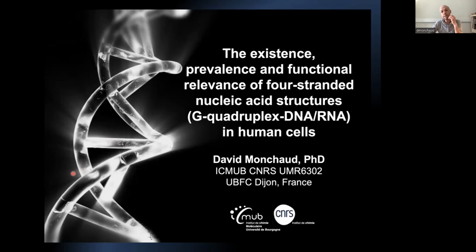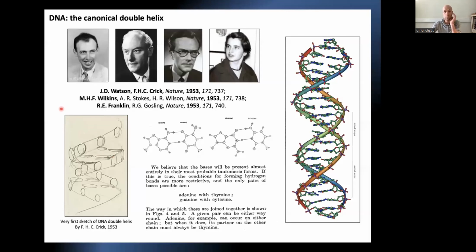When we discuss nucleic acids, of course, the first image that pops up into our mind is this wonderful double helix duplex DNA structure that was elucidated in 1953 by Watson, Crick, Wilkins, and Franklin. This discovery is certainly one of the most important discoveries in the whole history of science for many reasons.